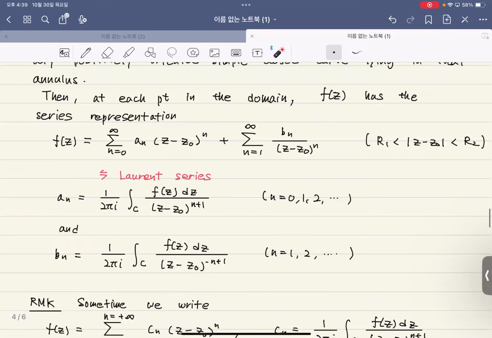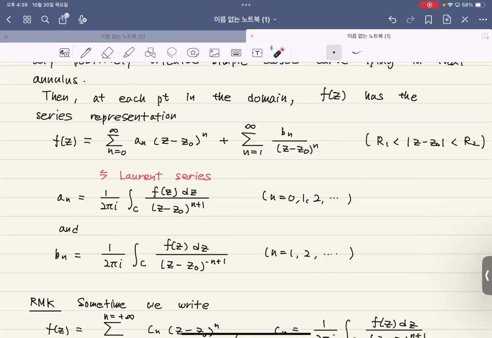This C can be any curve enclosed in your annulus. Proving this should not be terribly complicated, because your function is analytic on this annulus.